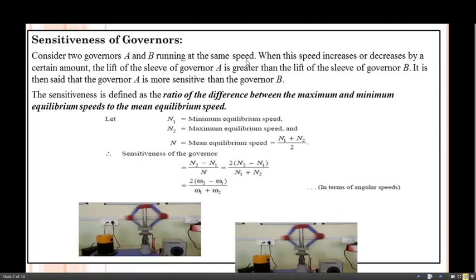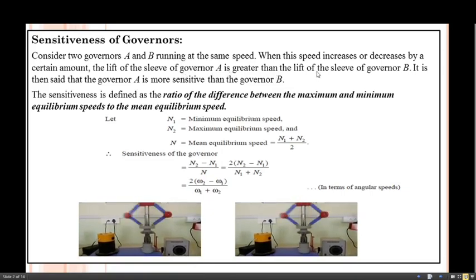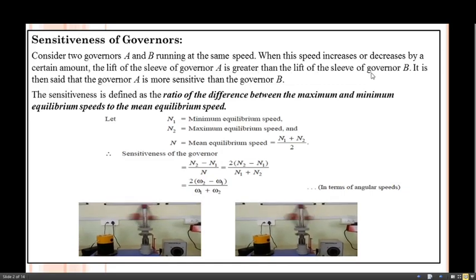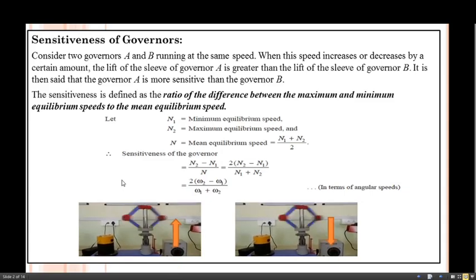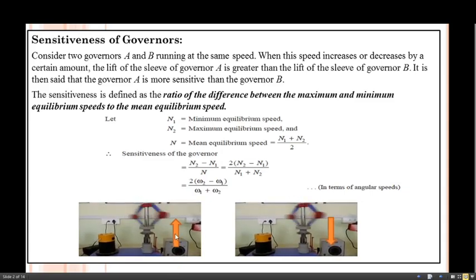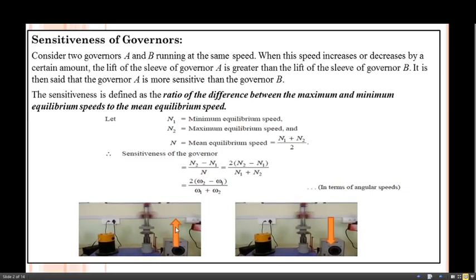When this speed increases or decreases by a certain amount, the lift of the sleeve of governor A is greater than the lift of the sleeve of governor B. It is said that governor A is more sensitive than governor B. If you observe the diagram shown below, when both governors are running at the same speed and the speed increases or decreases by a certain amount, the lift of governor A comes out more than the lift of governor B. Then governor A is said to be more sensitive than governor B.